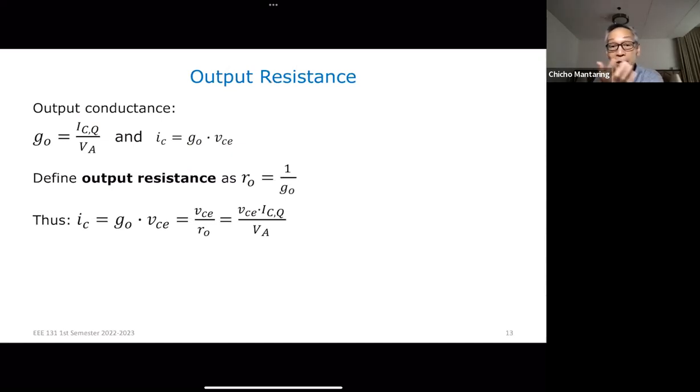Resistance is the reciprocal of the conductance. So instead of using G sub O, we can use R sub O. So this is going to be the expression: i sub C is just VCE over R sub O, instead of VCE times G sub O. And you get the same expression.